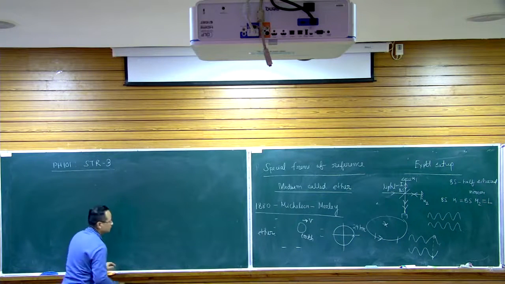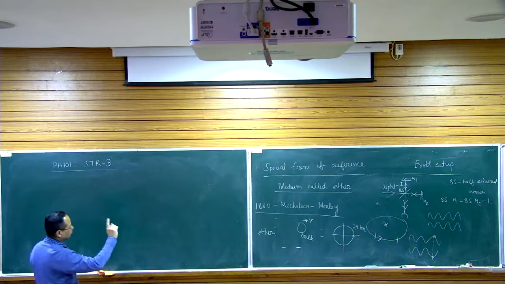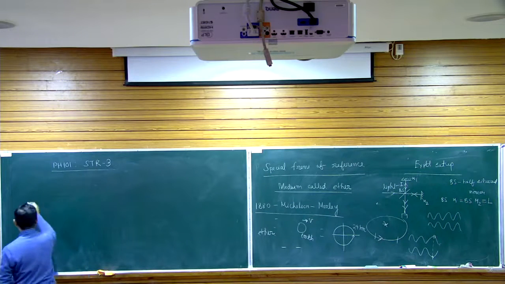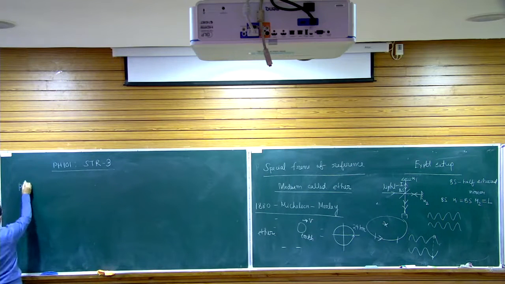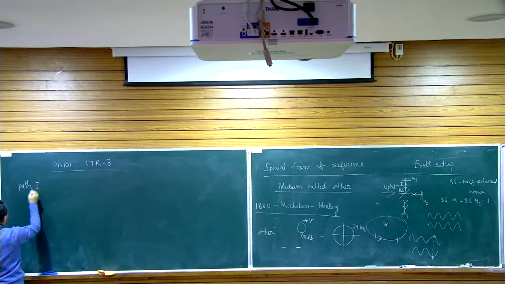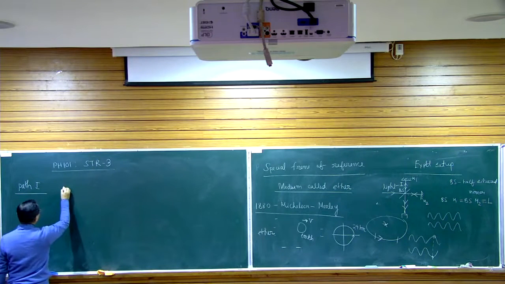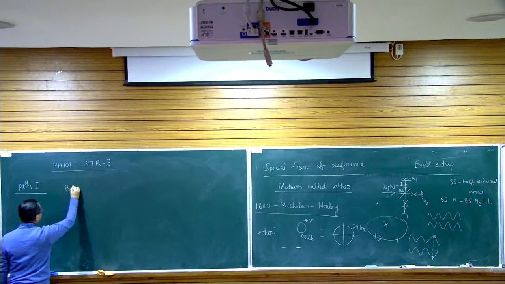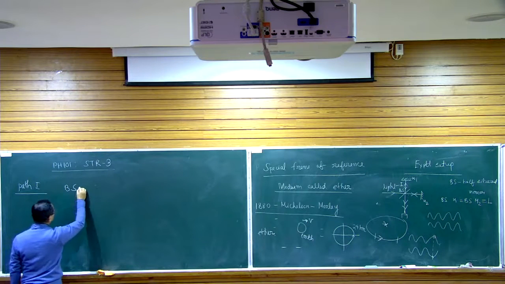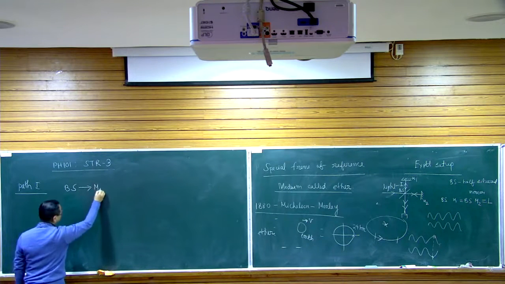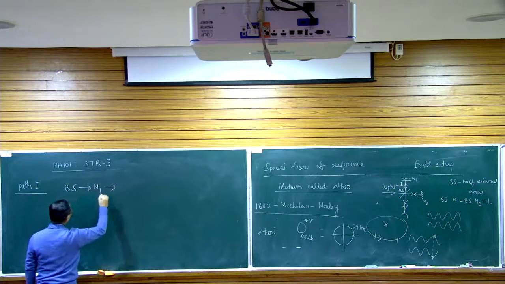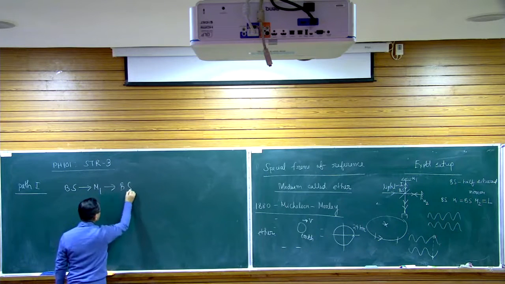In any case, look at the Michelson-Morley experiment setup. There is this path 1. So in the case of path 1, light starts from BS, then it goes to M1. From M1, it goes back to BS.